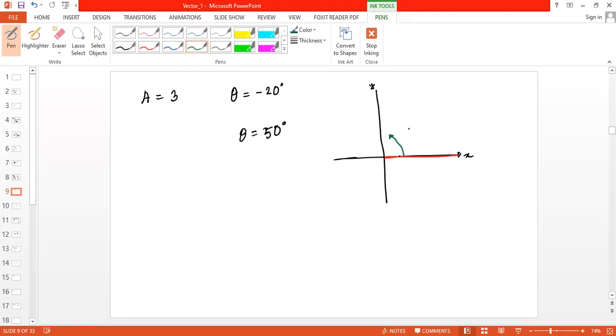Positive. And if you want to measure a negative angle, minus 20 degree, then you have to go in the clockwise direction. So clockwise means negative.